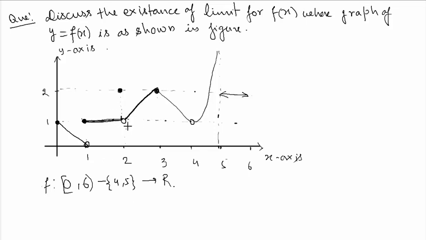So this is the function, and we need to discuss the limit of the function at various points 0, 1, 2, 3. So first question is whether the limit of the function exists at x equal to 0. Existence of limit at x equal to 0.